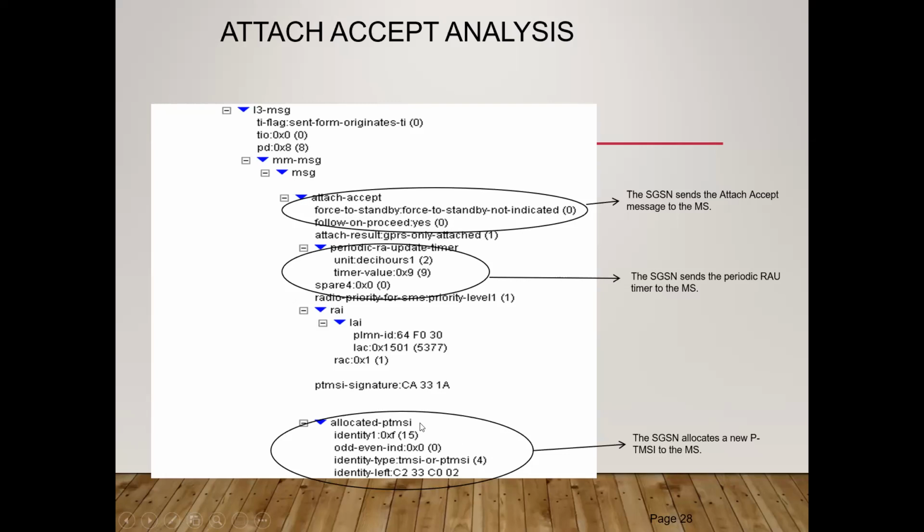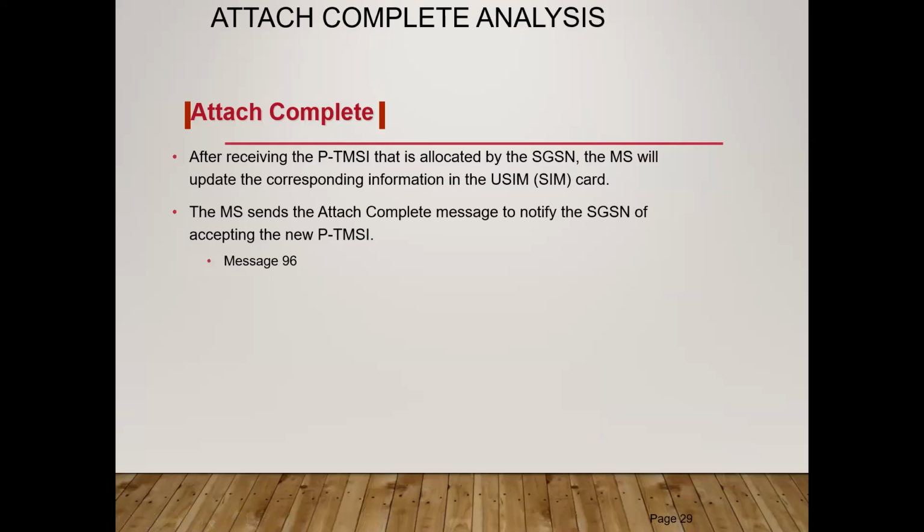And the P-TMSI is sent. So the allocated P-TMSI is this. The identity allocated is the P-TMSI that is being sent to the MS. And the attach complete is sent by the MS. Why is it sent? Obviously, if it is not sent, then the SGSN will keep on sending the attach accept message. So it will result in bombardment of signaling.